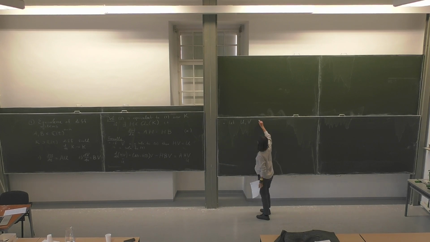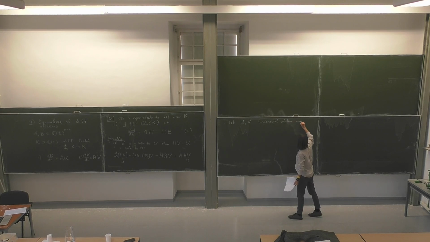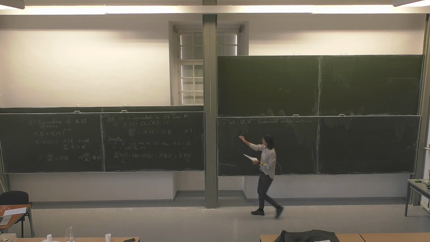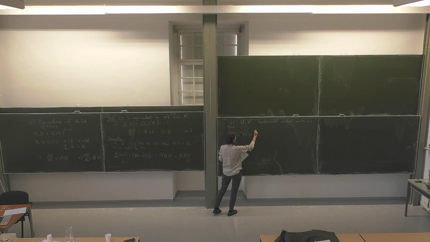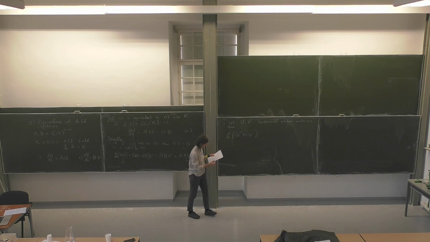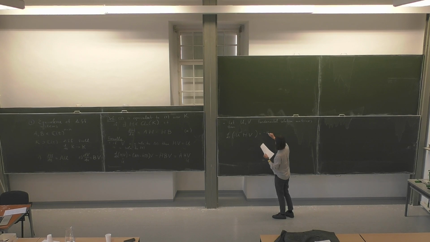If U and V are fundamental solution matrices, then let's differentiate this U inverse HV, again formally, assuming that we can multiply. So we differentiate U inverse, it's minus U inverse A. This is the derivative of U inverse, times HV.